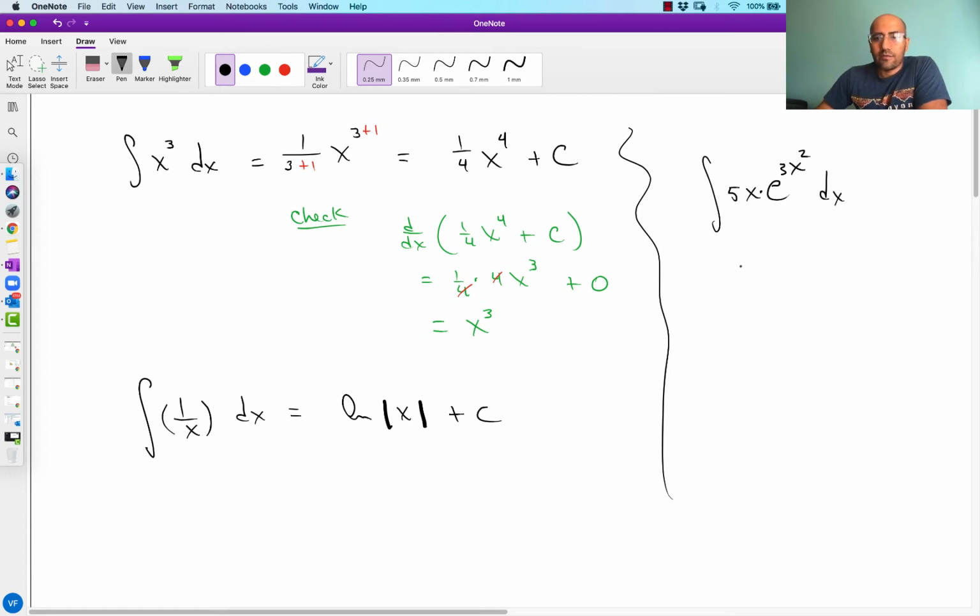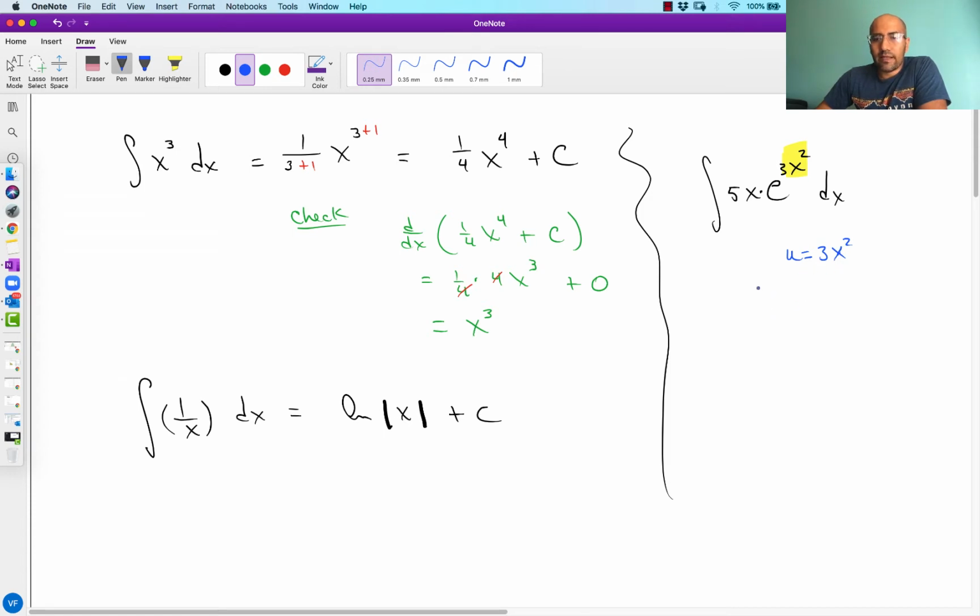dx. Okay, so to solve this integral, we want to use our u substitution. We want to note that when I take the derivative of the exponent up here, it's going to give something to the power of 1, and there is something to the power of 1 here, so that'll make it useful for us. So let u equal 3x squared.